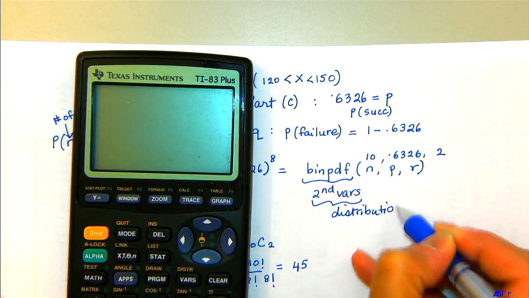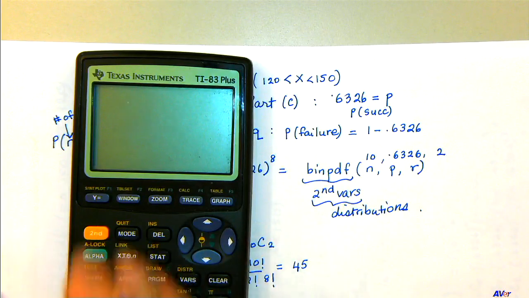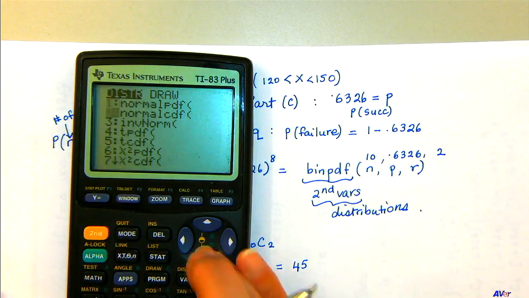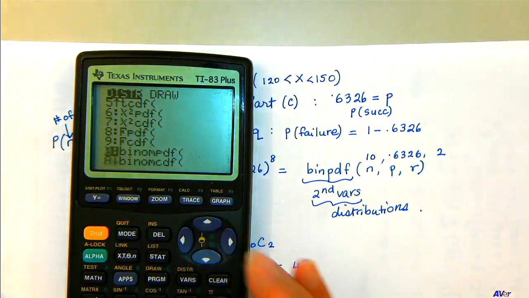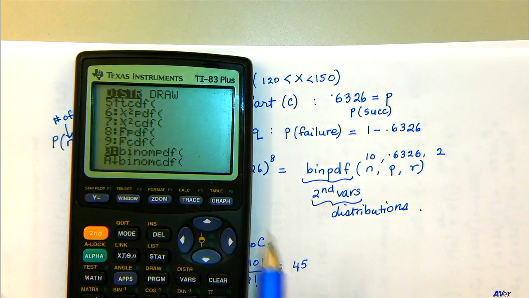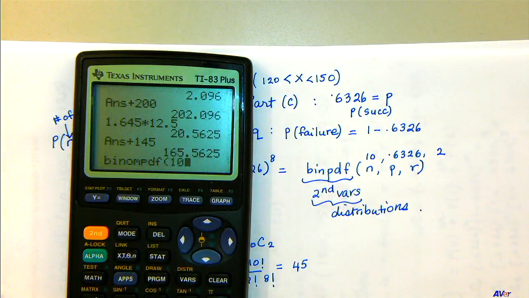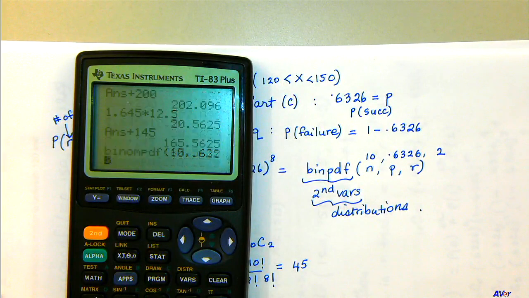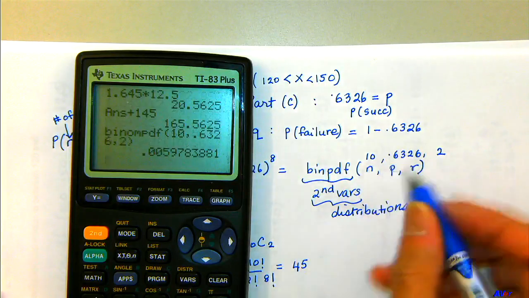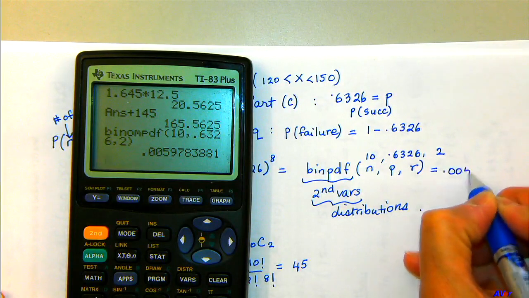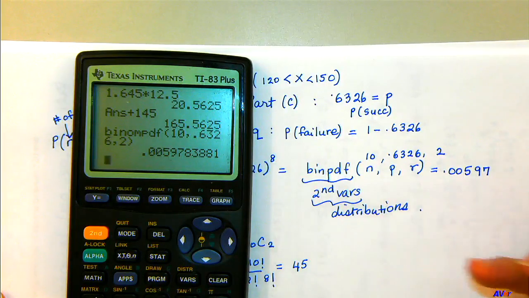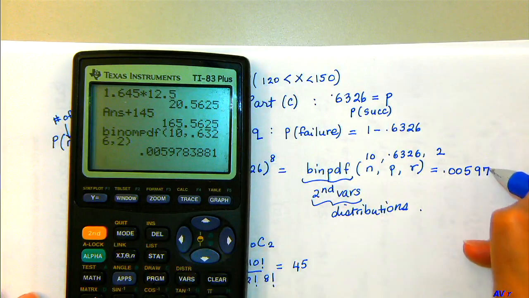Go all the way down. Keep scrolling down. Binomial PDF is 0. That one. And then n is 10, comma, 0.6326, comma, and 2. Answer, 0.00598.